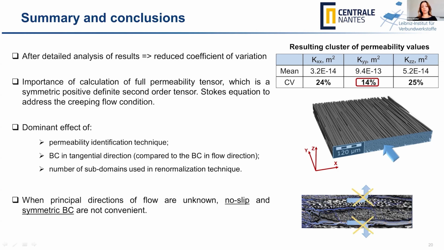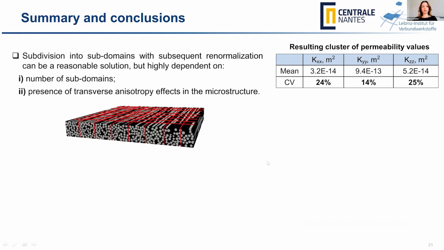They are not really convenient because they block the cross flows that can eventually be present in such kinds of structures. And so for the image-based calculation, a good approach can be, like I said, subdivision into subvolumes. However, we should pay attention to the number of them.